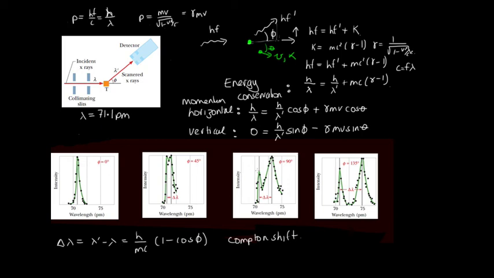This unshifted peak corresponds to the wavelength of the gamma rays which are scattered off the carbon nuclei, whereas the shifted wavelength corresponds to the gamma rays which are scattered off the electrons around the carbon nuclei. Hopefully that makes some sense to you, and hopefully that has convinced you that photons, while they don't have mass, do indeed have momentum.